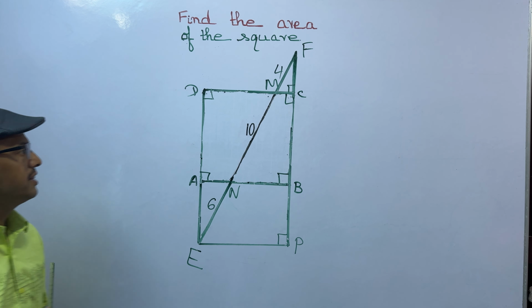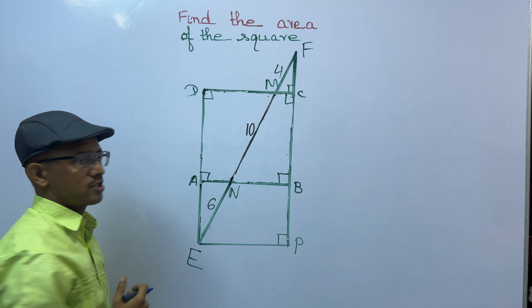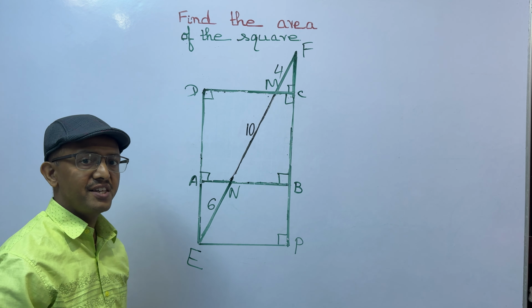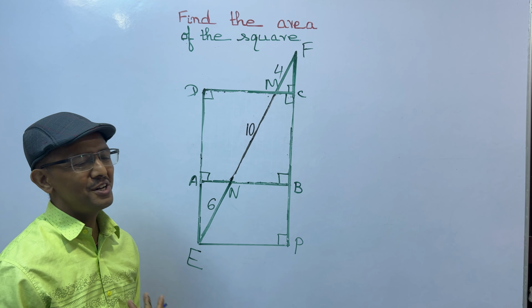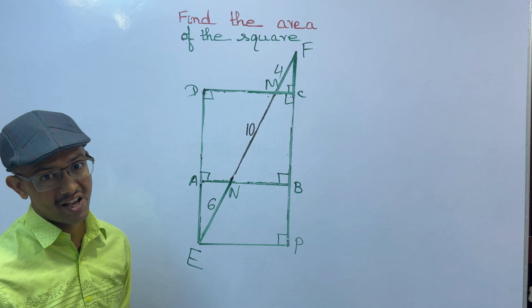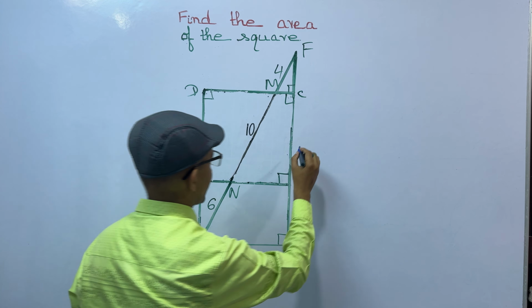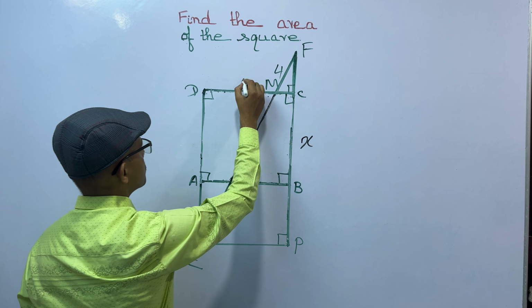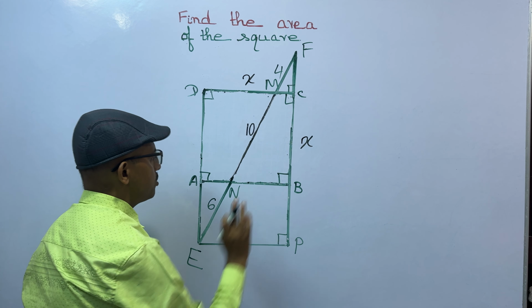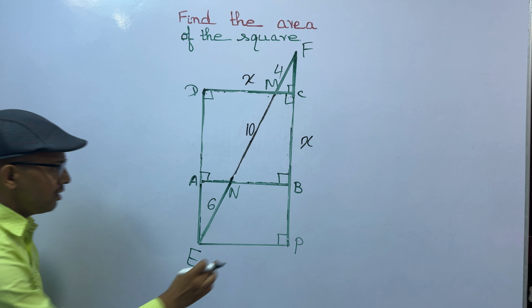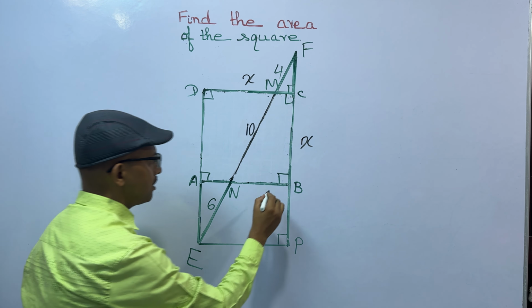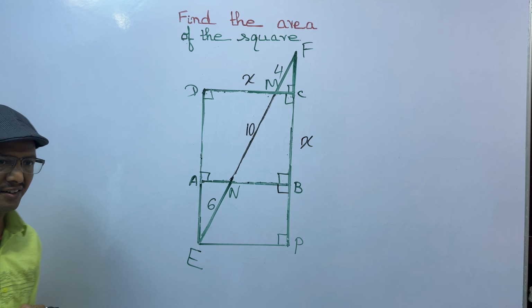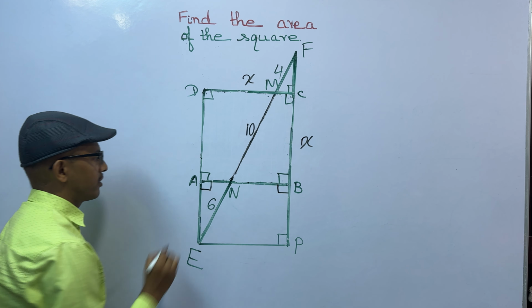We are given that the figure ABCD is a square and we want to find the area of the square. If we know the length of the side, then of course we know the area of the square. Let the length of the side be x unit. Then BC measures x unit, so does DC and so does AB. Now angle P is a right angle, B is also a right angle, A is also a right angle.